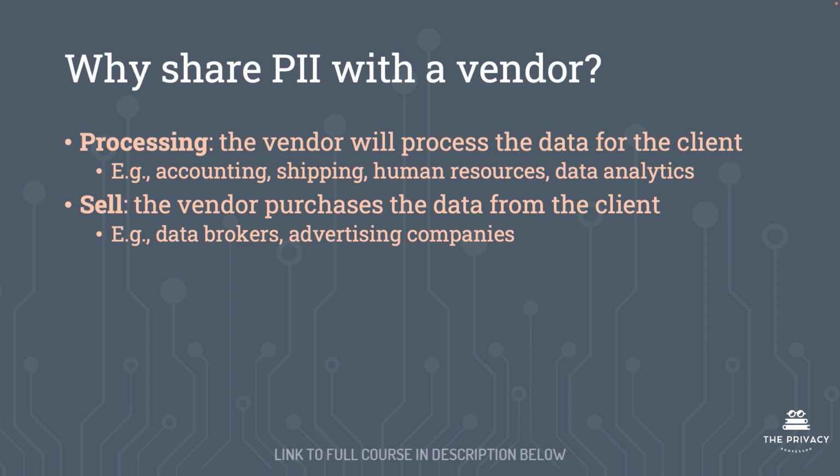The examples I've given before have been accounting, shipping, human resources, and data analytics. We might also share data with the vendor if we are selling them data. This is the case where the vendor is purchasing the data from us or from a client. It is common to see data brokers and advertising companies in this situation.